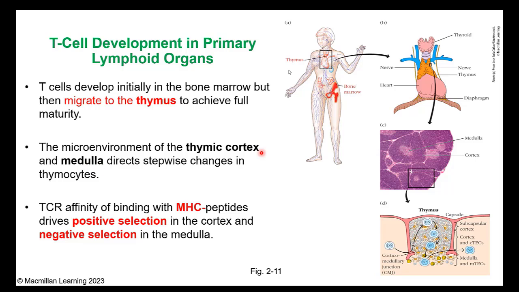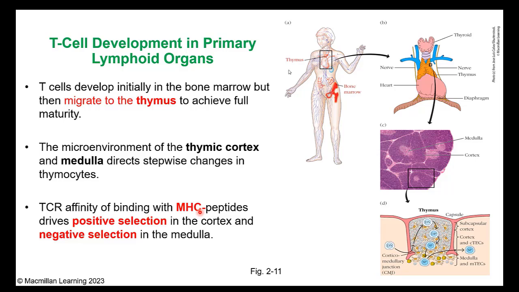Okay, so in those places inside of the thymus, you are going to check the affinity of the T cell receptor. You're going to check the affinity for MHC molecules, because remember, T cells are going to recognize stuff that is presented on MHC molecules. So first thing that they have to do is check if they can recognize MHC molecule in the first place.